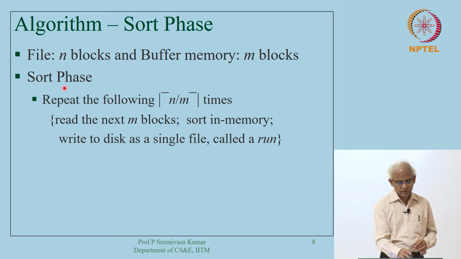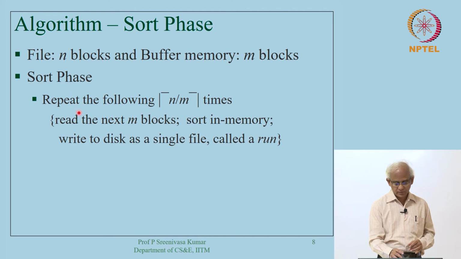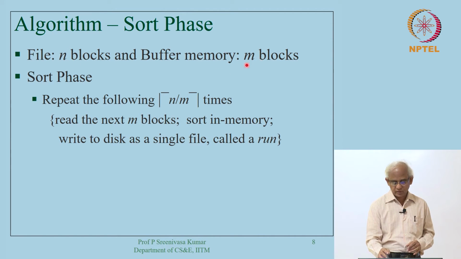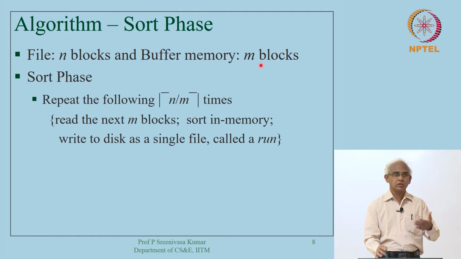So, in the sort phase, if there are n blocks, we can read m blocks into memory at a time. In order to read all the blocks of the data file, we will take n over m iterations.